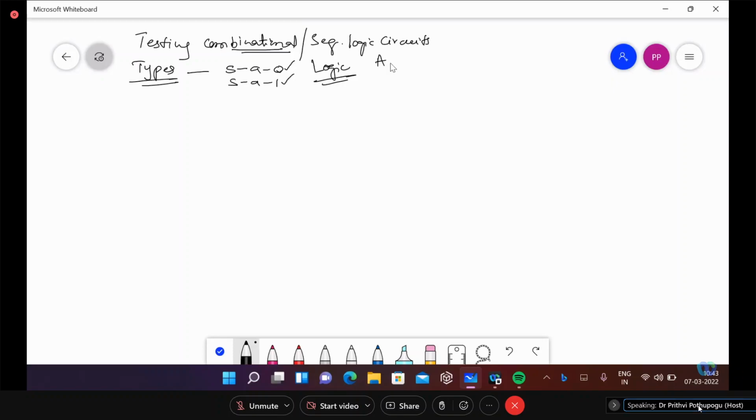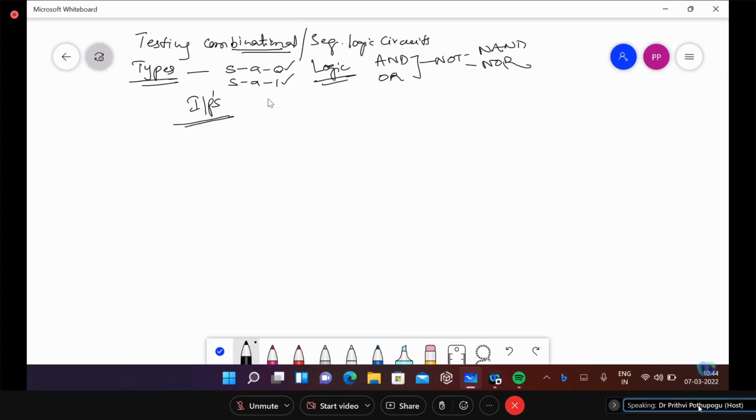Something like, is it an AND logic, is it an OR logic, or a combination of these, you are going for NAND or NOR. Depending upon the type of logic you are taking, we decide what should be the inputs that have to be tied, so that a specific input or a specific line you want to test.